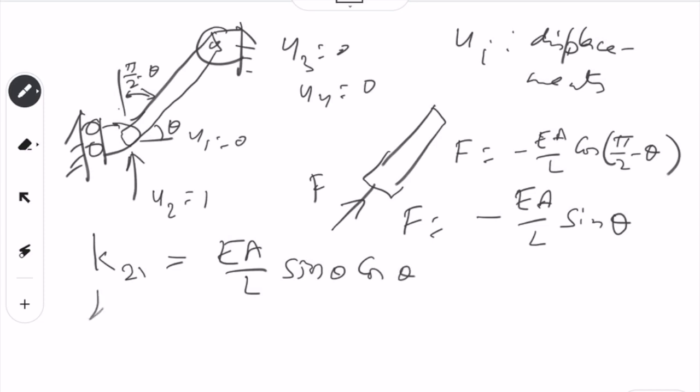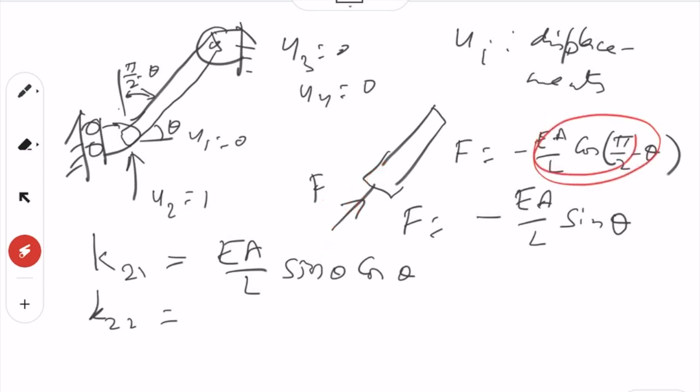Okay, K22 will be the force you are applying in this direction, and the force is this one with a minus, meaning that this is a compressive force. So once we give the force F like this, we just have to consider the magnitude only.